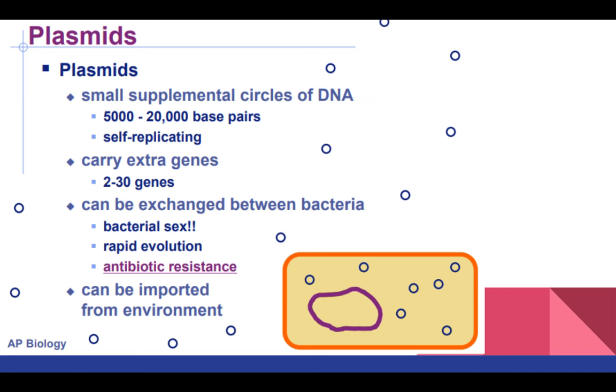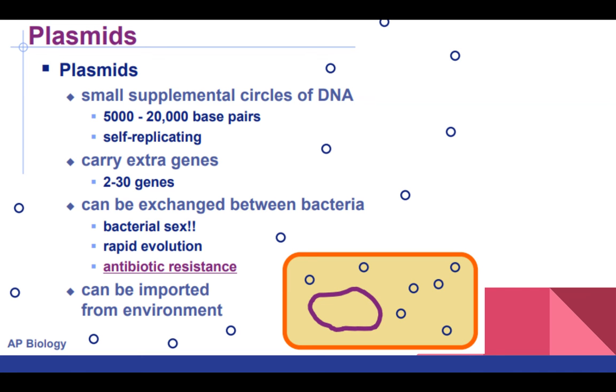They can be from 5,000 to 2,000 base pairs, which is not very long for a little loop of DNA, but they do have genes on them. They can have 1 or 2 genes, or they can have up to a few dozen genes on that little loop of DNA. So there is genetic information on there.